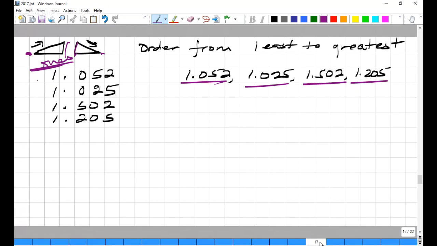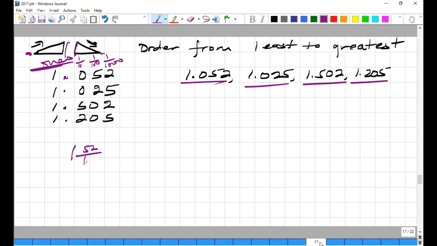Left of the decimal point. Now the first column to the right of the decimal point is the what column? Tenths column. To the right of the tenths column, I have what? Hundredths column. To the right of the hundredths column, I have what? Thousandths column.